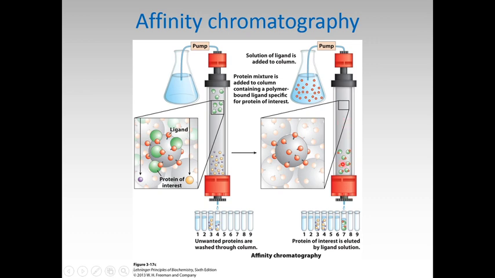And hence, these proteins are eluted. Now, how does this help in purification? In the first step, when the protein mixture is added, only the proteins that have an affinity to the ligand will get stuck in the column. The rest of the proteins would have been eluted in the first place. So hence, you see a separation. You see 3 and 4 are impure proteins, whereas 7 would be your pure protein.